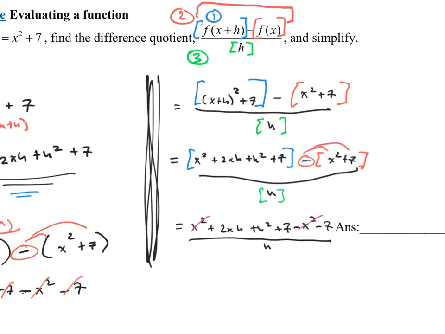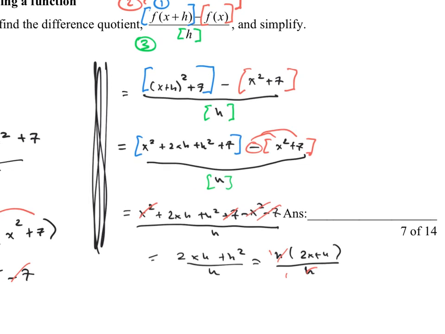So x squareds cancel, 7s cancel, and I'm left with 2xh plus h squared. That's all over h. Again, we can't simplify unless we factor first, so I'd factor that numerator as h times 2x plus h. The only reason I'm going so fast is because we already did this just to the left. It's mathematically equivalent. The h's simplify, and I end up with 2x plus h.